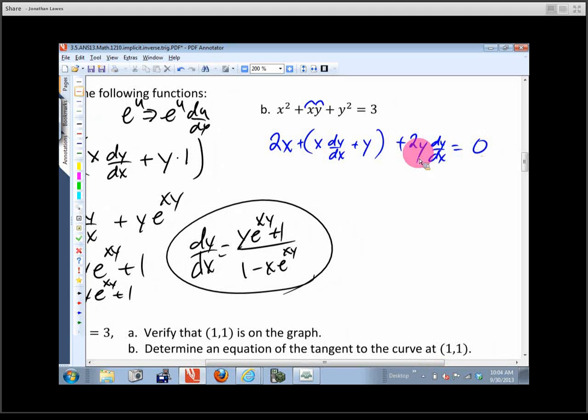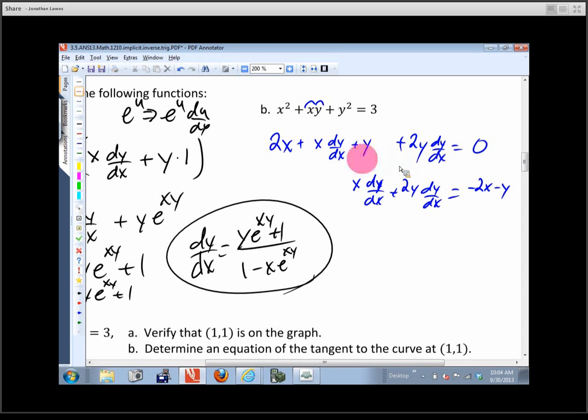We've got a plus there, so I'm going to go ahead and remove that set of parentheses. Wasn't technically necessary for that. And then I'm going to collect the dy/dx's on one side. And I could take the time to write this. Move this other stuff on the other side. That's going to be minus 2x and minus y. Okay. I have to put these together so that there's just one dy/dx.